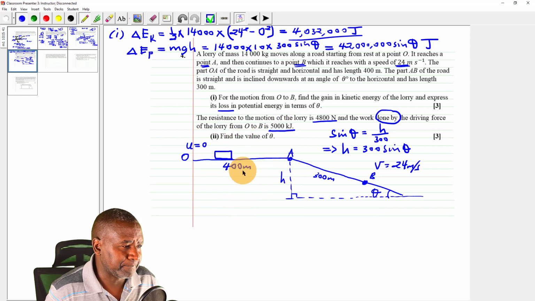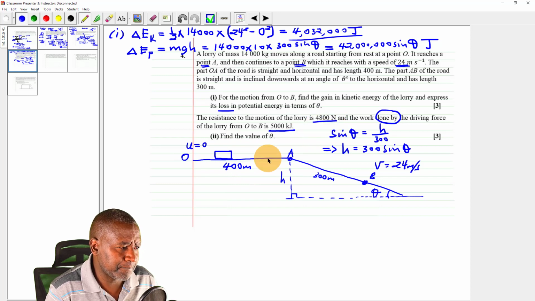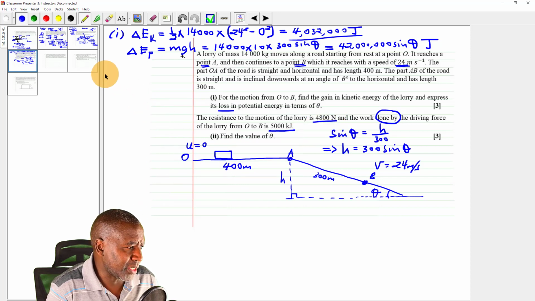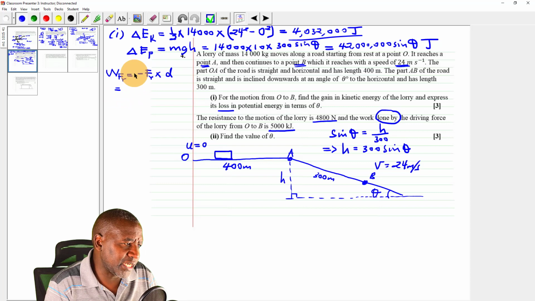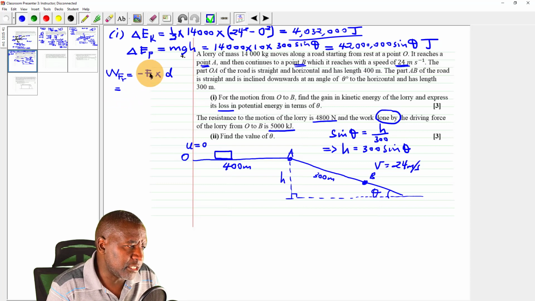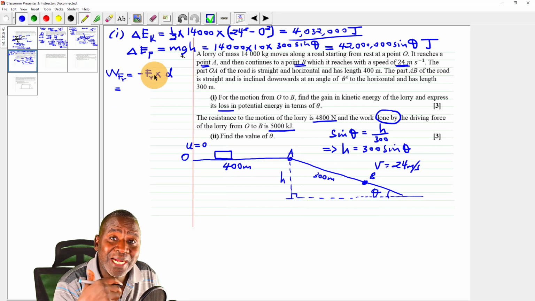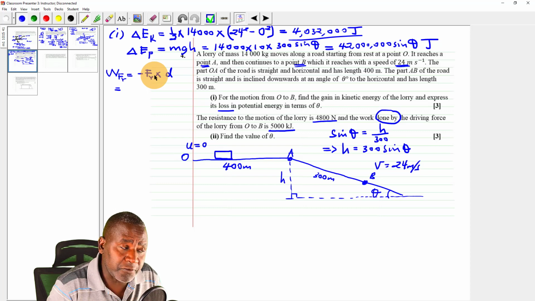Okay, fine. In order to simplify this, the work done by resistance force should be equal to minus, I'm going to give it a negative sign, times the total distance moved. The reason I want to give it a negative sign is because I'm talking about work done by resistance force.